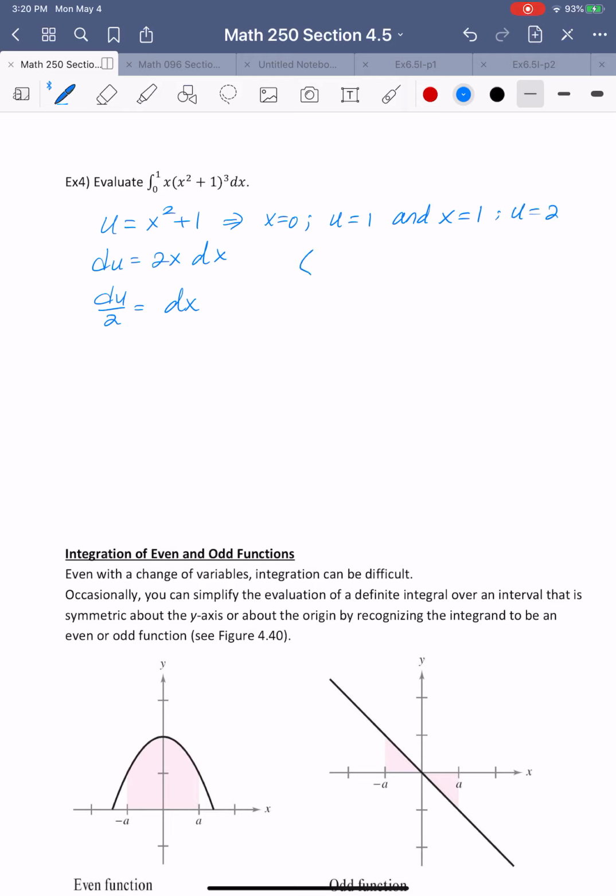So you can change the integral from 0 to 1 into the integral from 1 to 2 of, now putting in u, x times dx is du over 2.